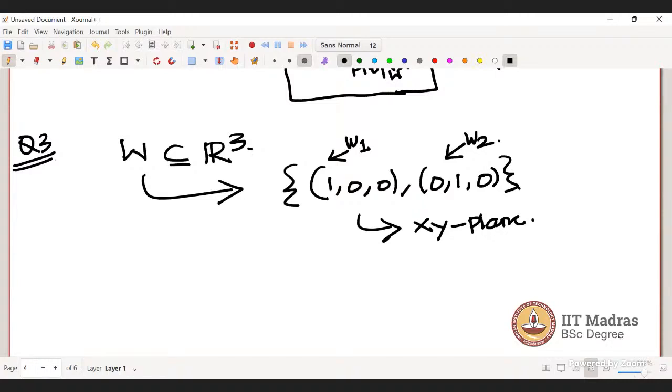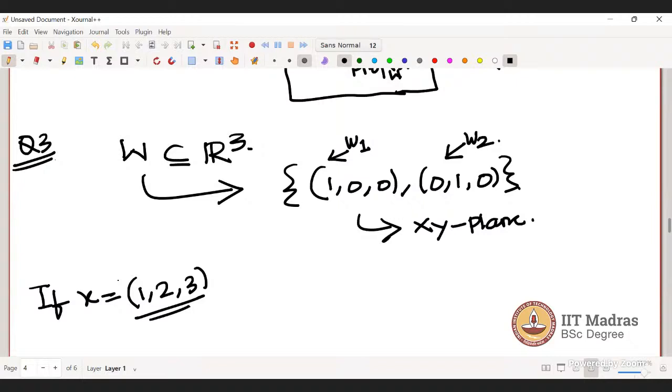So the question is this, question number 3, activity 8.3. It says x equals (1, 2, 3), then which of the following vectors in W has the least distance from x?